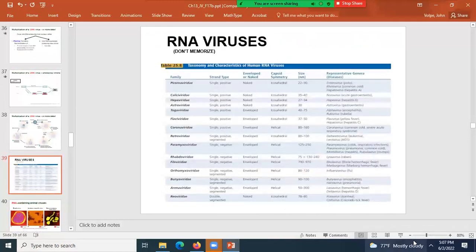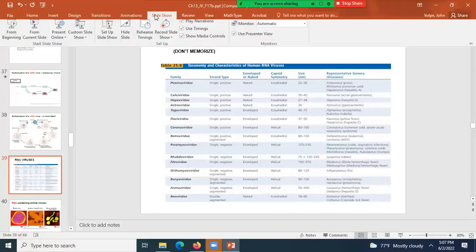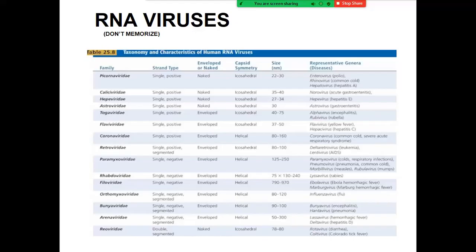If not, let's turn to the RNA viruses. Let me blow this up. There are, I think, 15 families of RNA viruses that cause human infections. You don't need to memorize this table. We will talk only about a few of the families listed here. We'll talk about the Picornaviridae a little bit.